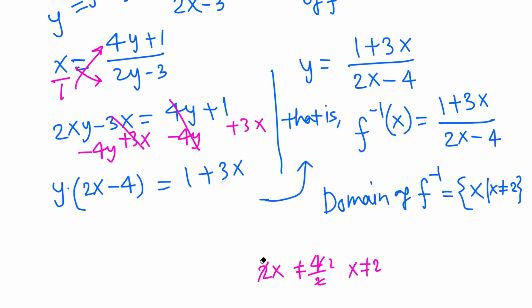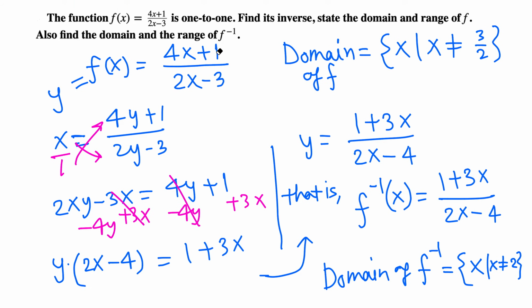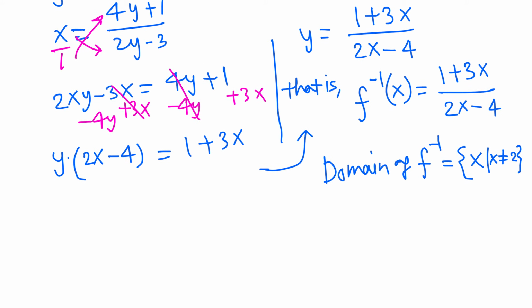Okay, and we know that for a one-to-one function, when we find an inverse, the domain of f is the same as the range of f inverse, and the domain of f inverse is the same as the range of f. So we need to find that as well.